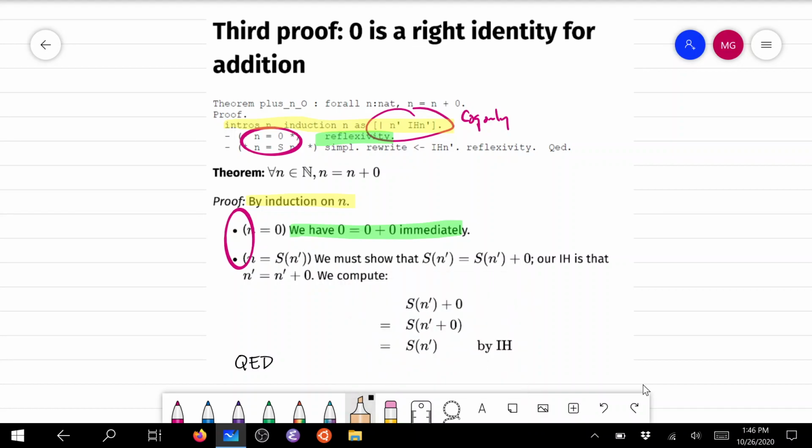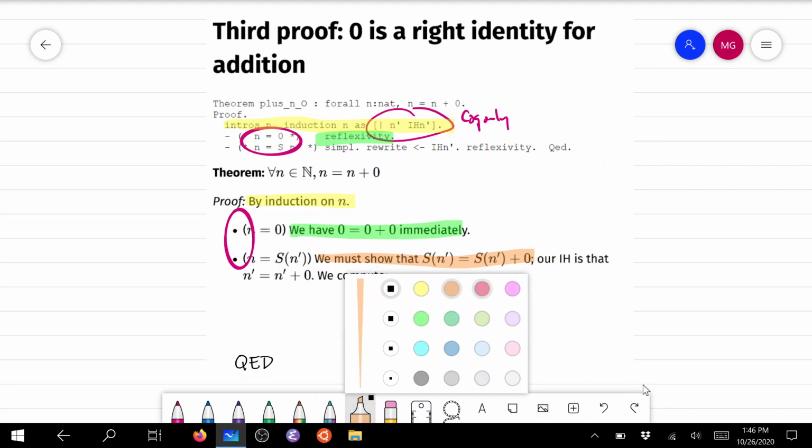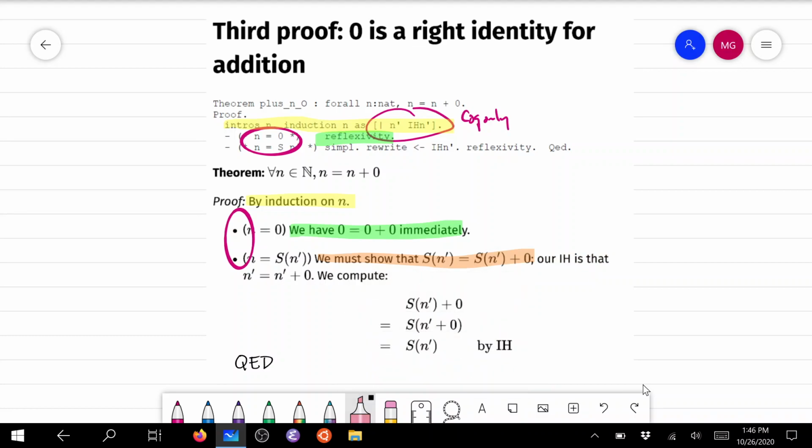So one, we state our goal, and we state our IH. Let me do the IH in a different color. I'm going to do the IH in this nice pinkish red because it is that important.